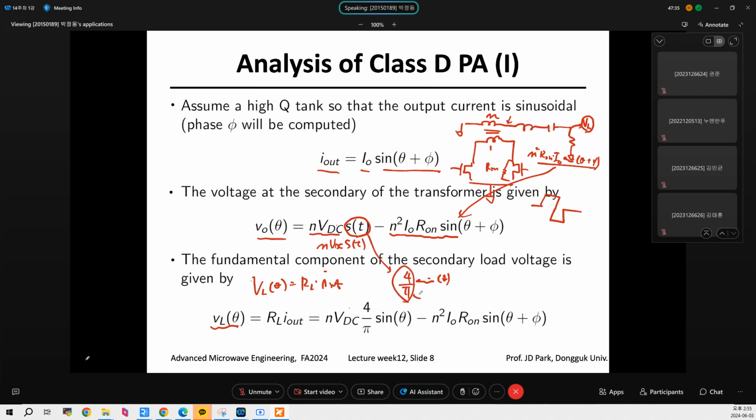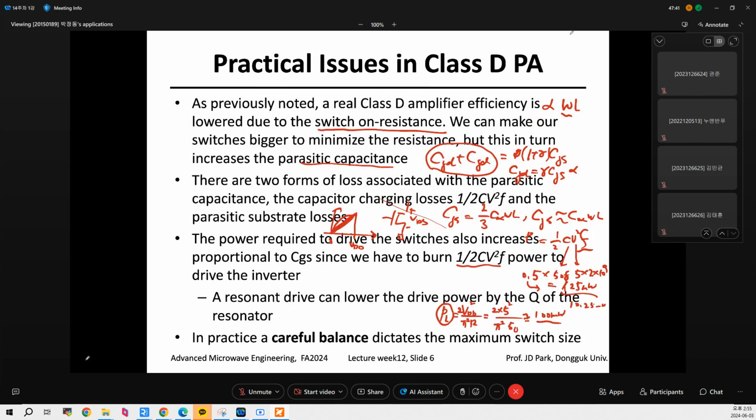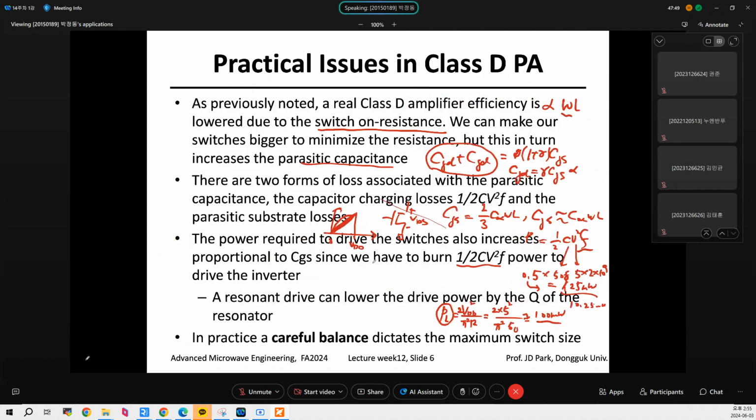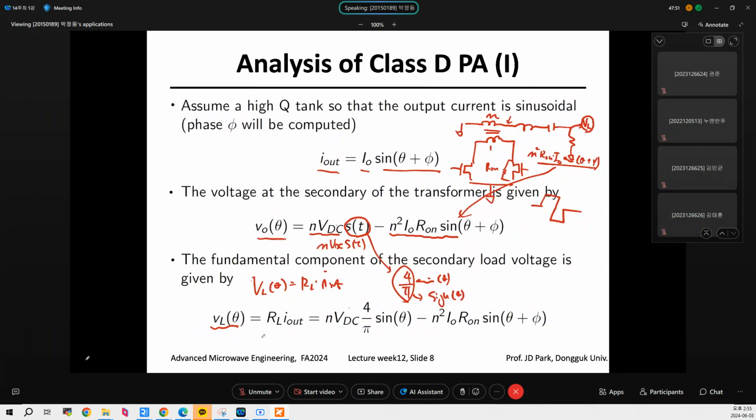This is from the sine, as you've seen before. So therefore, we got VL in this way.